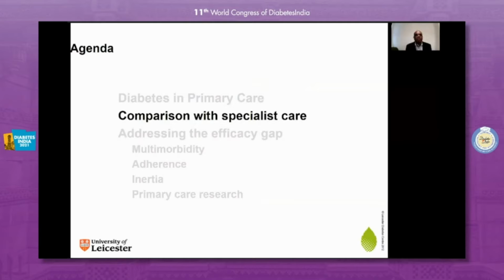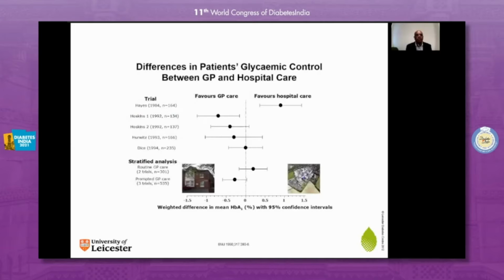So how does primary care management of type 2 diabetes compare with specialist care? Well, over 20 years ago, a comparison was made in a detailed systematic review looking at studies on this topic. And as you can see from the forest plots on the screen, apart from one study that favored hospital management of type 2 diabetes over primary care, there was no difference at all between patients with type 2 diabetes managed in primary care versus those managed in specialist centers.